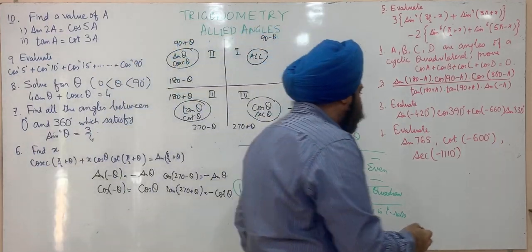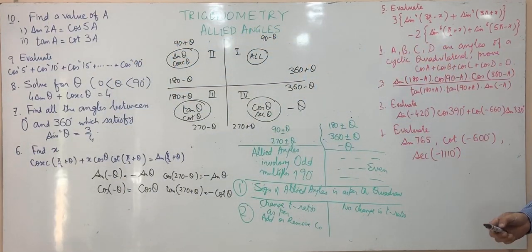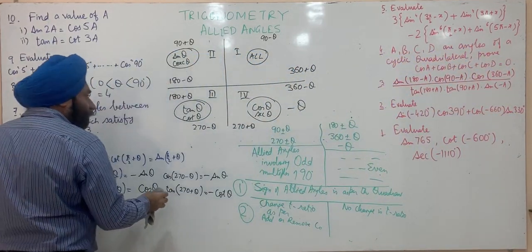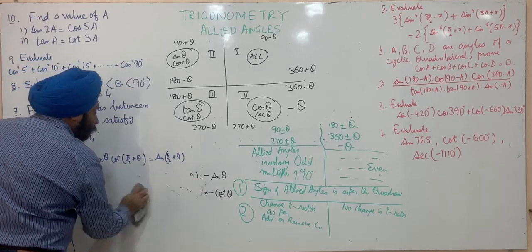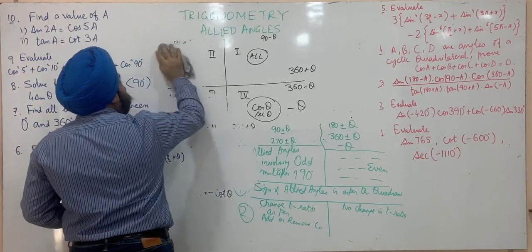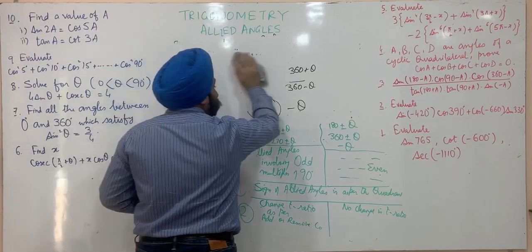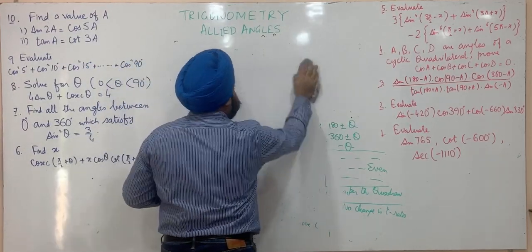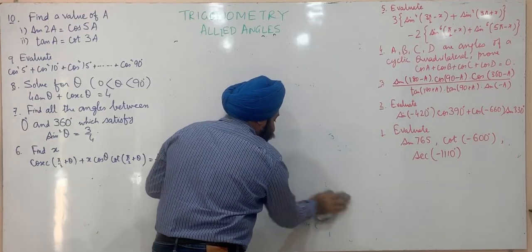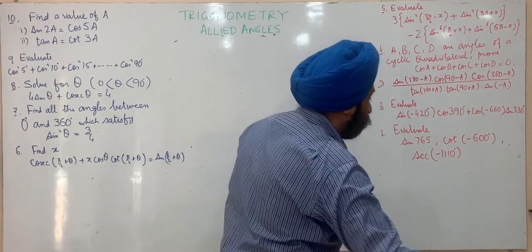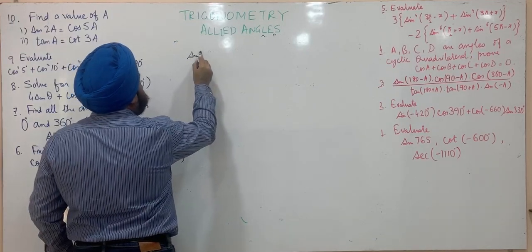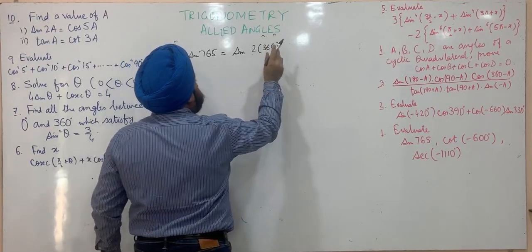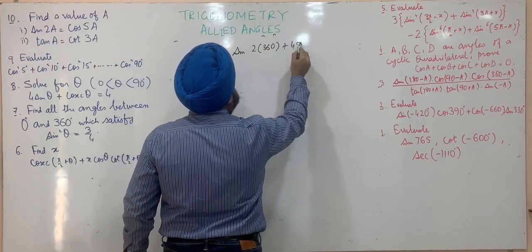So continuing with application of these rules, let's solve these questions. The first one is we have to find the value of sine of 765. We can write sine 765 as sine of 2 into 360, that's 720, plus 45 degrees.